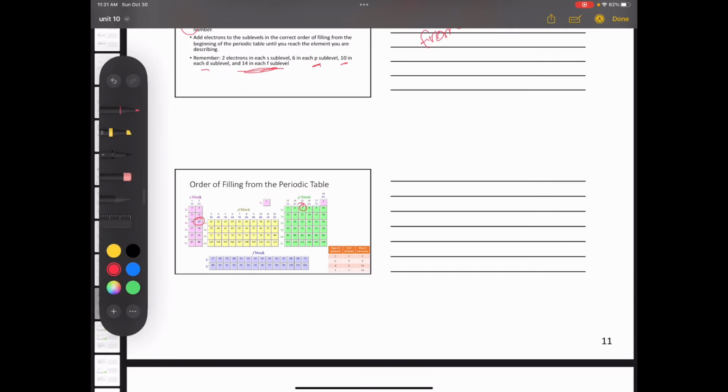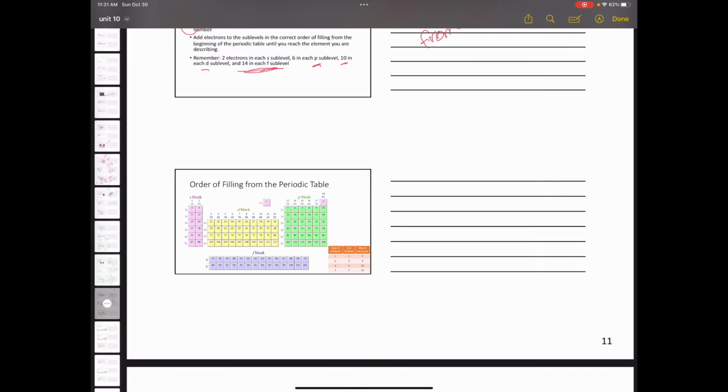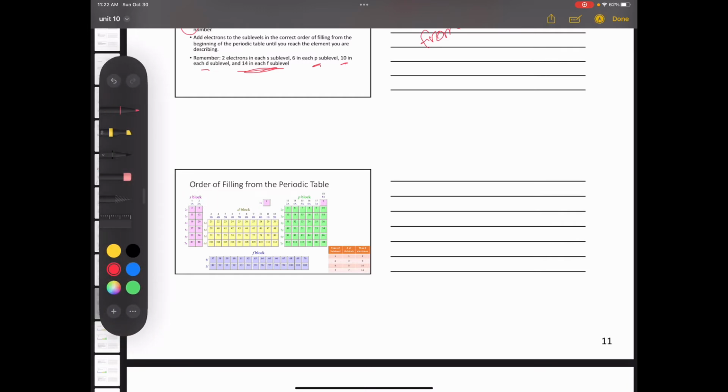But it turns out that the periodic table is actually divided into different blocks. So if you look at this periodic table here, all the elements sitting on this side of the periodic table, which is group 1 and group 2, this is known as the S block of the periodic table. Okay, what does the S block mean? That means for all the elements in the S block, their electron configuration will finish with an S orbital.